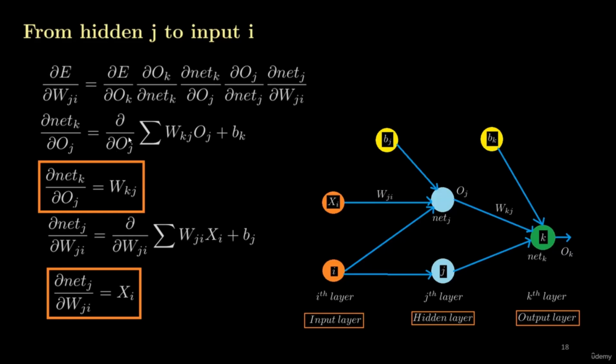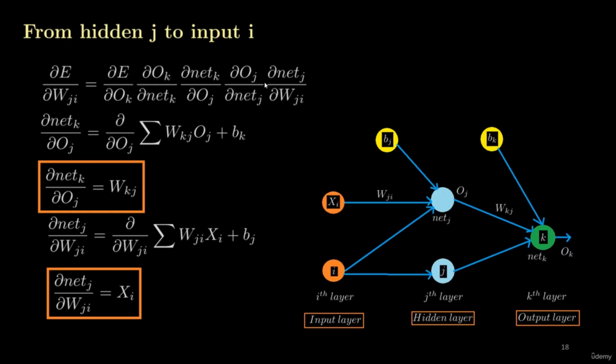Since our variable of differentiation is OJ, this BK is a constant quantity and its derivative will be 0. Similarly, OJ with respect to OJ will give us a 1. So we are left with only WKJ. So the derivative of this term is WKJ.